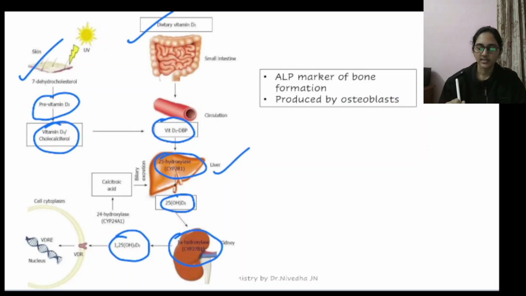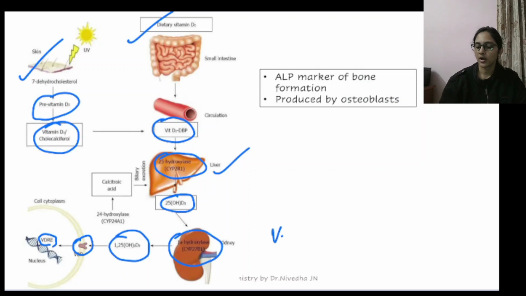produced. And how does this act? It enters your cell with the help of vitamin D receptor. Vitamin D receptor again sits on vitamin D response elements, and then it brings about the transcription of proteins that are going to execute the functions of vitamin D, right?